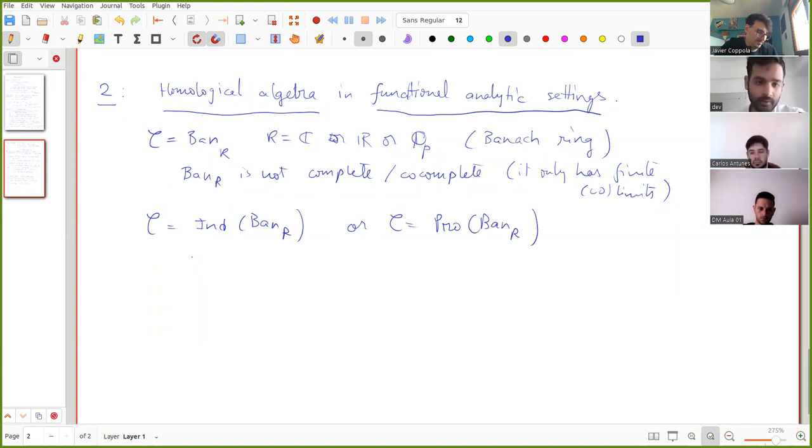So these are the categories of functors from I to Banach spaces over R, such that I is a directed set.